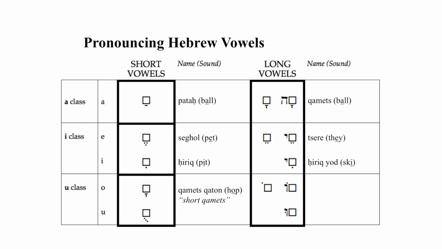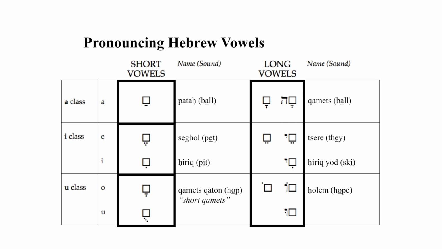The fourth row is comprised of the vowel O. Short O would be pronounced much as in our word hop. Long O would be pronounced as in our word hope. If you say the word hop, the short O, together with the word ball, you'll notice that they sound very much the same.